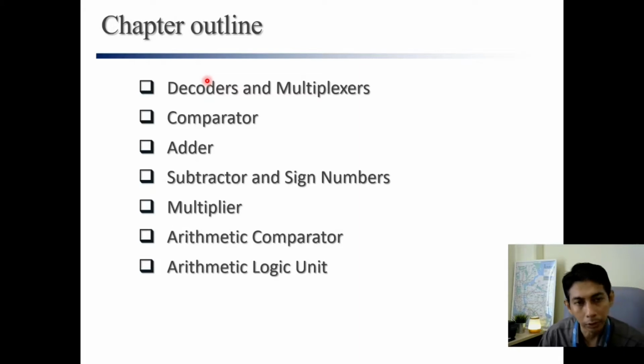A multiplexer is used to design a bus system. For example, with a bus system, at one time one data from one particular bus is allowed to enter the module. So we use the multiplexer to control that flow of data.